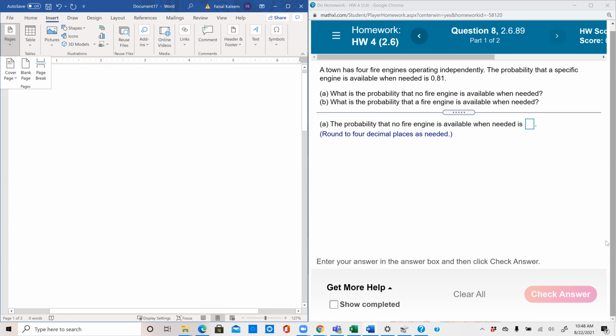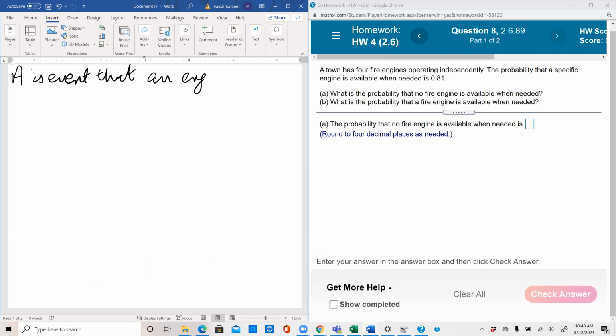Let A be the event that an engine is available, and let N be the event that an engine is not available.